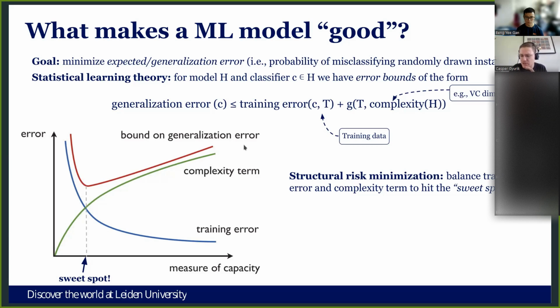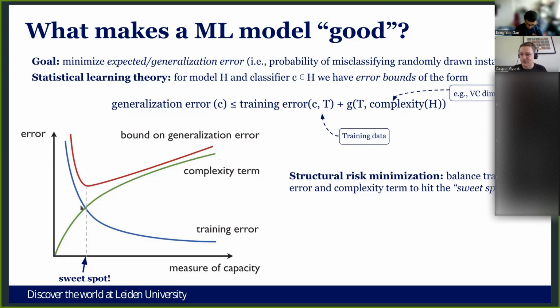Is my mouse visible? Okay. On that point, you're here. You want it to be just complex enough to capture the correlations in the data, but not too much. You want to balance it. And this is a paradigm in machine learning, a 90s style mathematical machine learning idea on how to train or how to select your models.